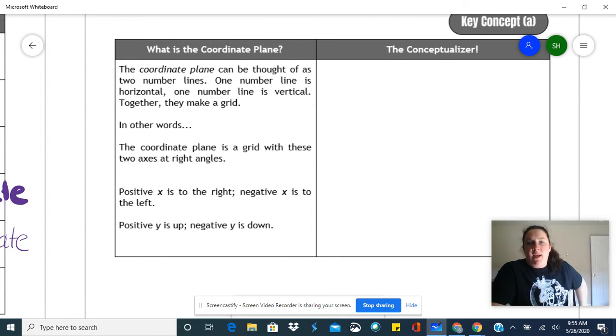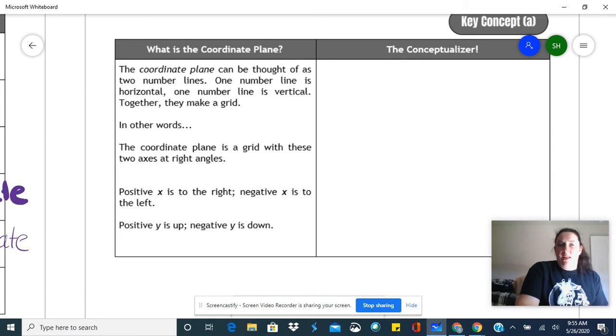So the coordinate plane can be used or thought of as two number lines, one number line that is horizontal, one number line that is vertical. Remember, horizontal goes this way, vertical goes up and down. They make a grid. In other words, the coordinate plane is a grid with these two axes at right angles. Positive x is to the right, negative x is to the left, positive y is up, and negative y is down.